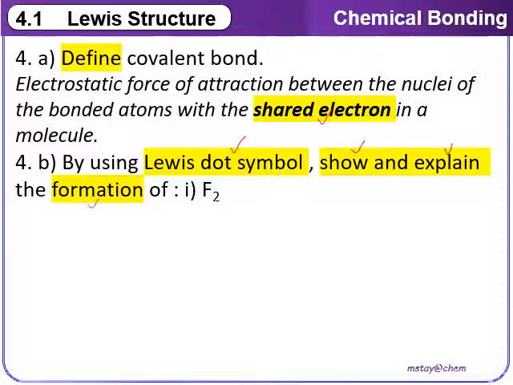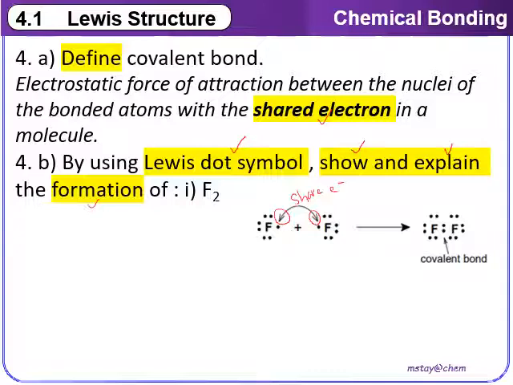So let's look at the diagram first. This time the arrows are both double-headed, which means that they are going to share the electron. This is the Lewis dot symbol for the atom, and this one also, and the fluorine molecule is formed after the electron is shared between the two fluorine atoms.